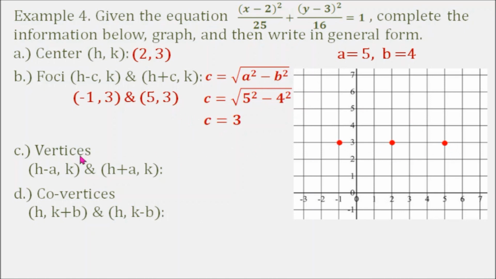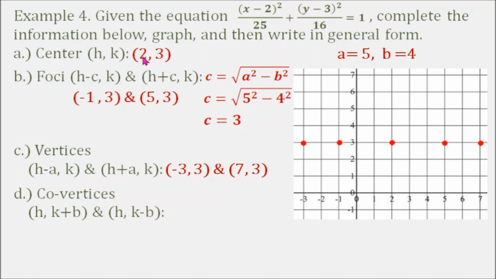So for our vertices, our coordinates are (h minus a, k) and (h plus a, k). So again, our h is 2, our k is 3, and our a is 5. So substituting these numbers into our formula, the coordinates are (-3, 3) and (7, 3), which are here. Now for our co-vertices, the coordinates are (h, k plus b) and (h, k minus b).